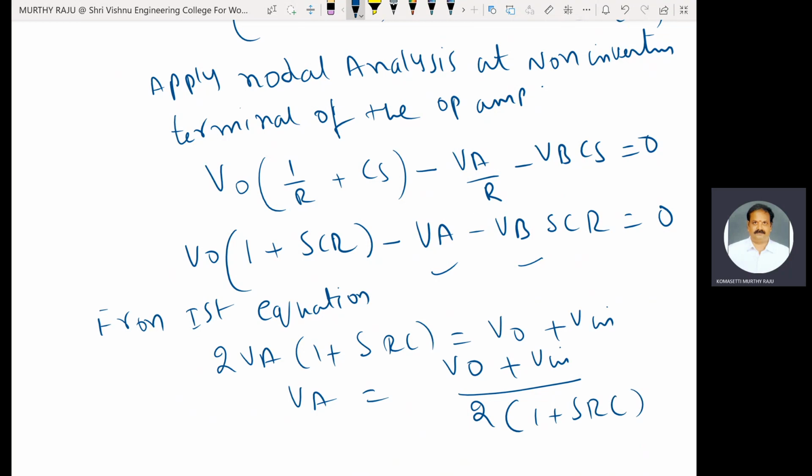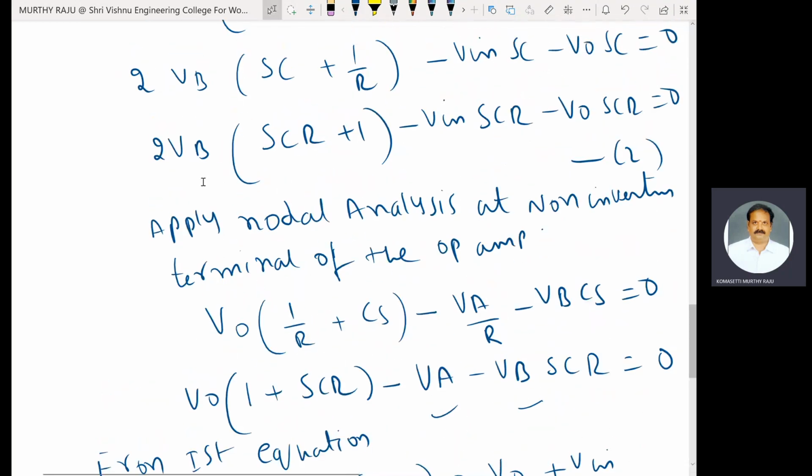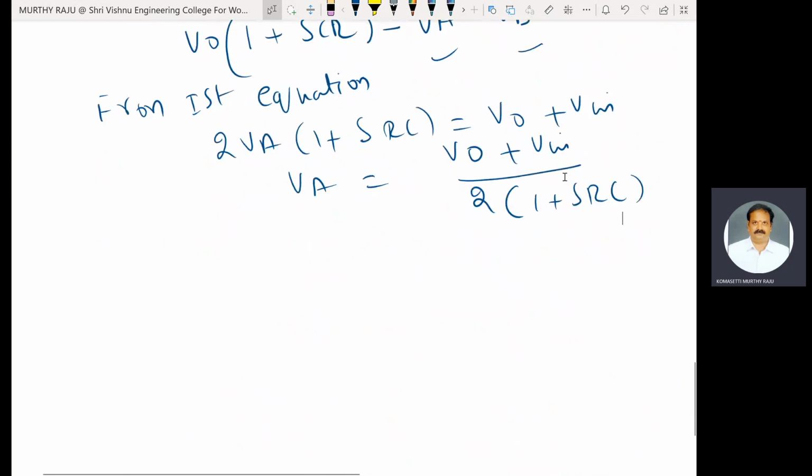From the second equation, VB is equal to SCR into Vin plus V0 by 2 into 1 plus SCR.